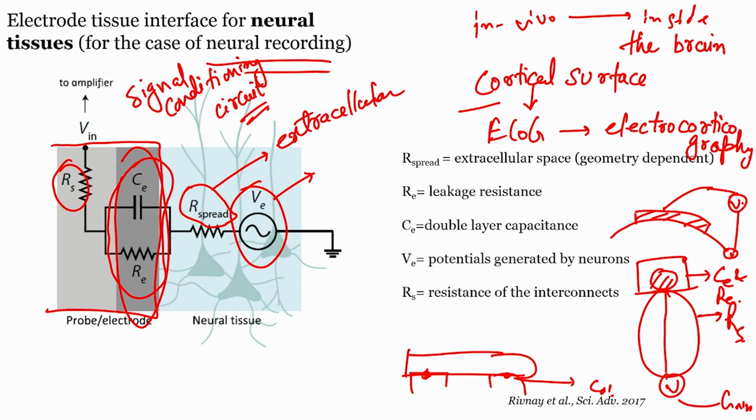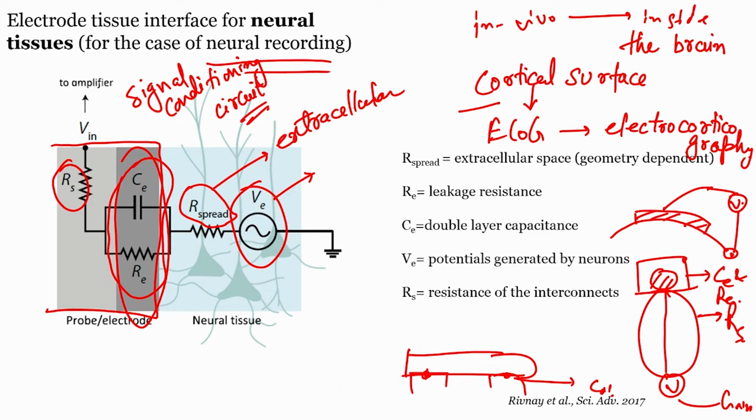So this was just to give you an idea that electrode tissue interface can not only mean you are supplying the potential and then measuring the impedance, but it can be the other way, you are measuring potentials, and there are several applications for measuring neuronal potentials. It can be used to understand several neurological disorders such as epilepsy, stroke.